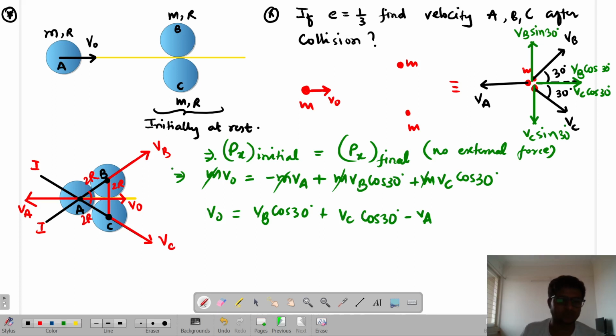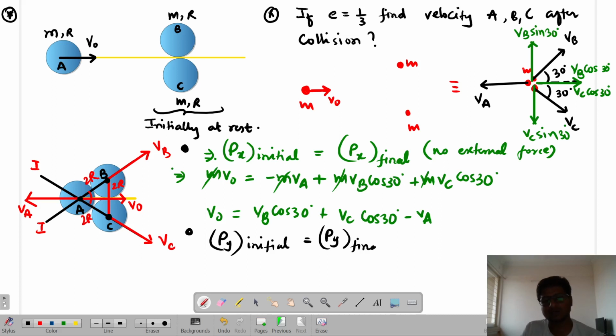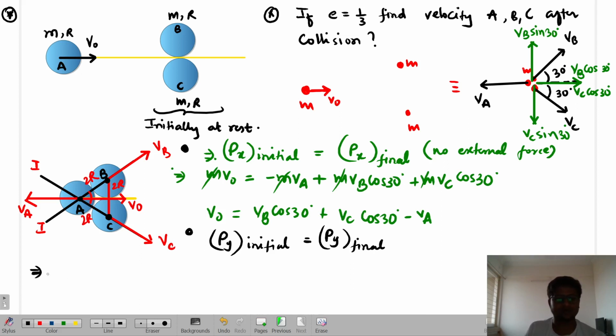Now similarly, if I apply momentum conservation along the y direction, P y initial is equal to P y final. Initially there was no P y, so 0.